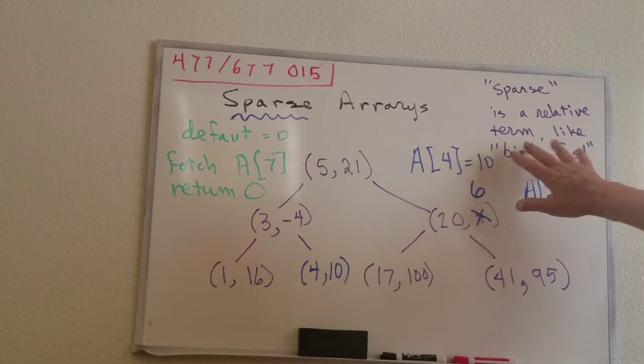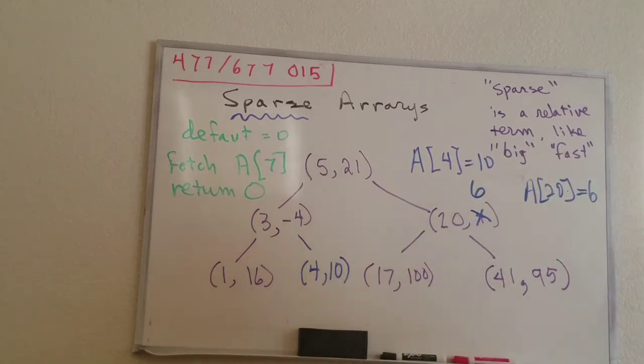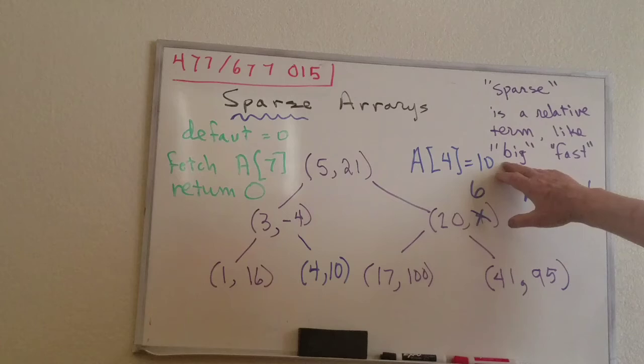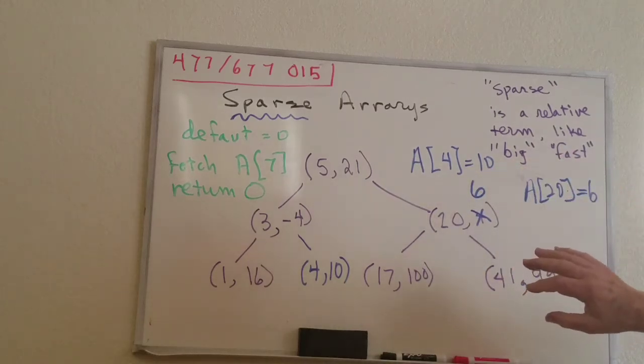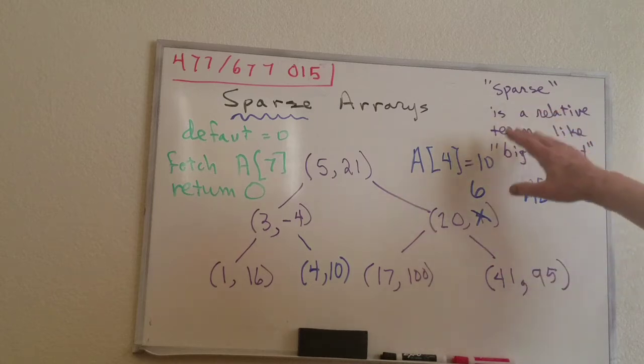Now the word sparse is a relative term, like big or fast or easy or anything like that, where it's kind of a relative concept. Big is not an absolute term, and fast is not an absolute term. And neither is sparse.